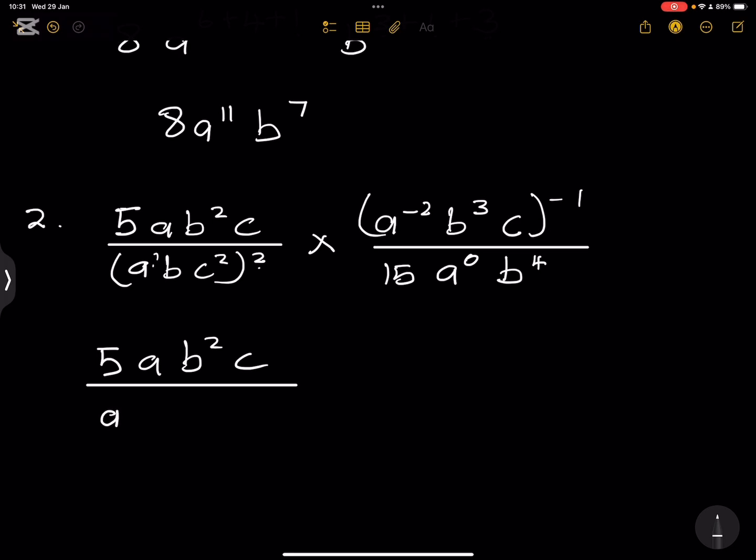Remember there's a 1 there, so that's 1 multiplied by 2, which gives us 2. That's b, again there's a 1 there, that's 1 times 2, that gives us 2. And that's c with 2 times 2, and that's c to the power of 4.